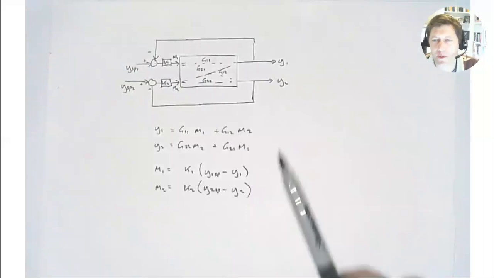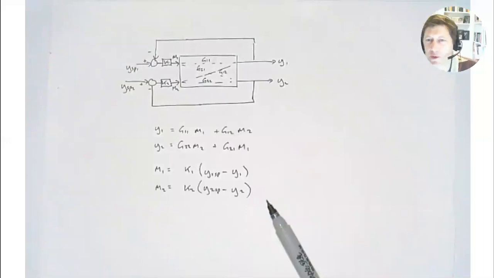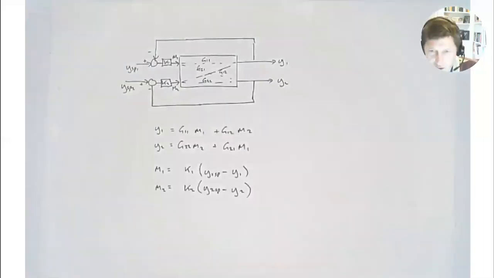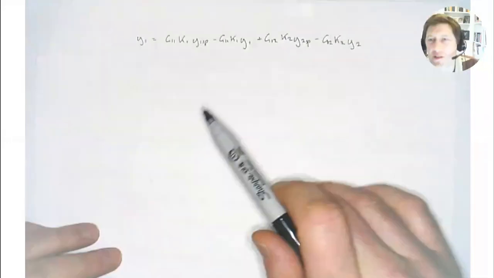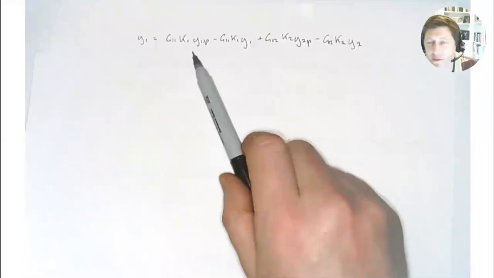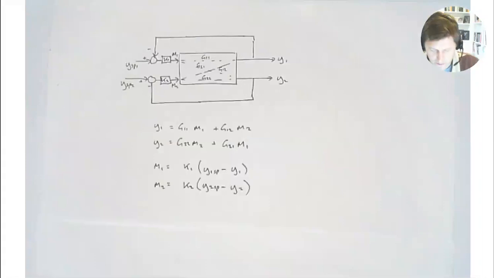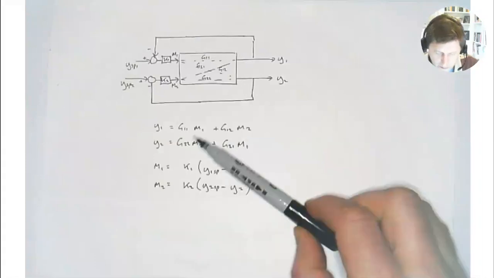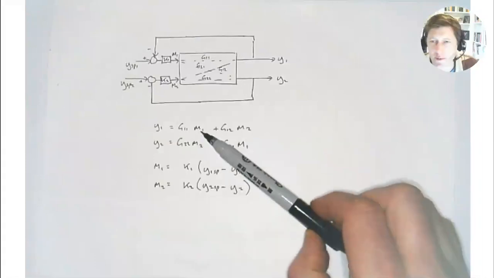Okay, so we've got four simultaneous equations, which don't look too complicated at that point, but when we start to work through them, it gets a bit laborious. So again, I've worked through this in advance. So we substitute in our expressions. We don't want M1 and M2 in it, so we need to substitute in for M1.